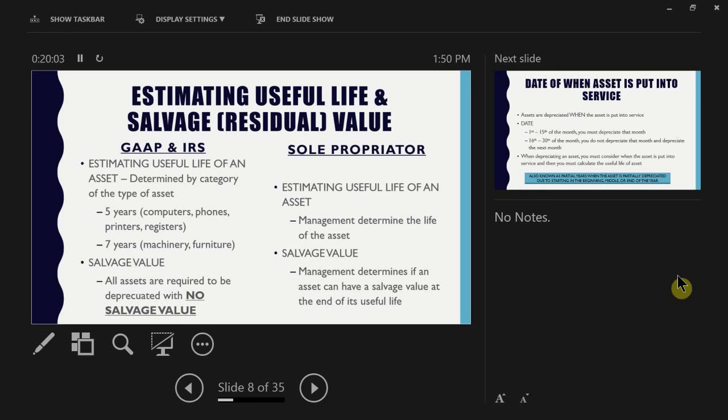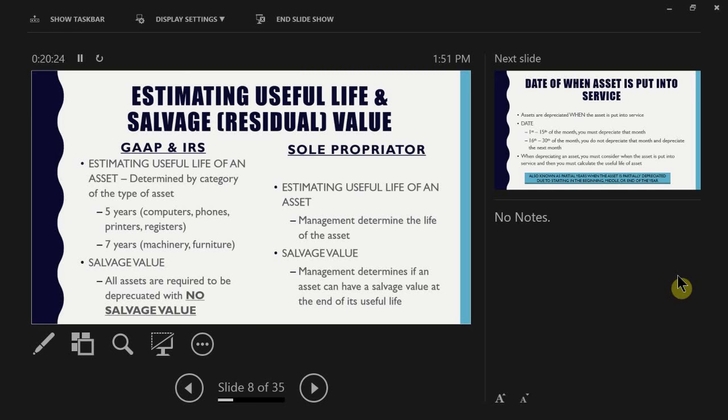Second of all, salvage value you get to determine. Now, if I'm still using the iPhone 8 and the iPhone 11 is out right now, it's been used for what, 3 years now.